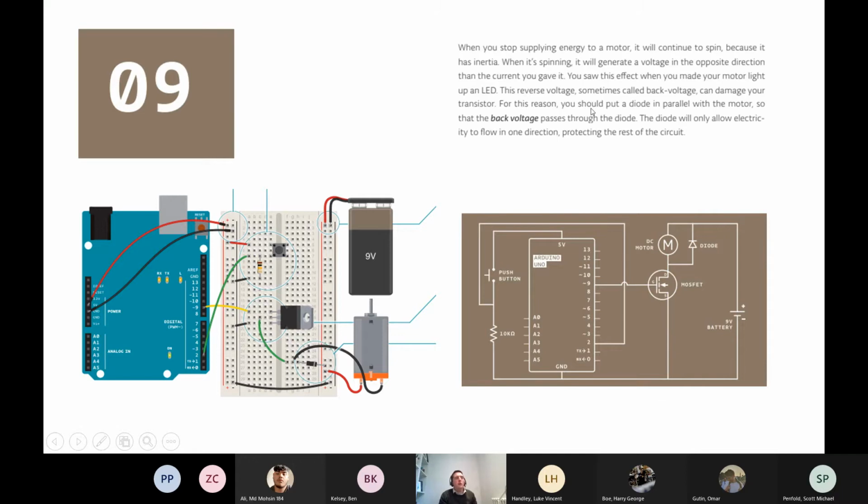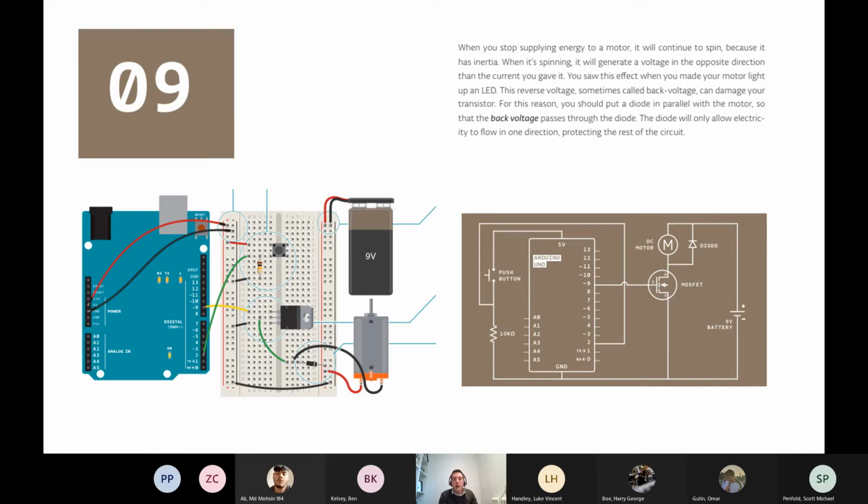So there's some detail in the slides as well about the one component that I haven't talked about there, which is this diode, and it's really there so that the current through the motor only flows in one direction. That's because motors are quite complicated. Every motor is also a generator.